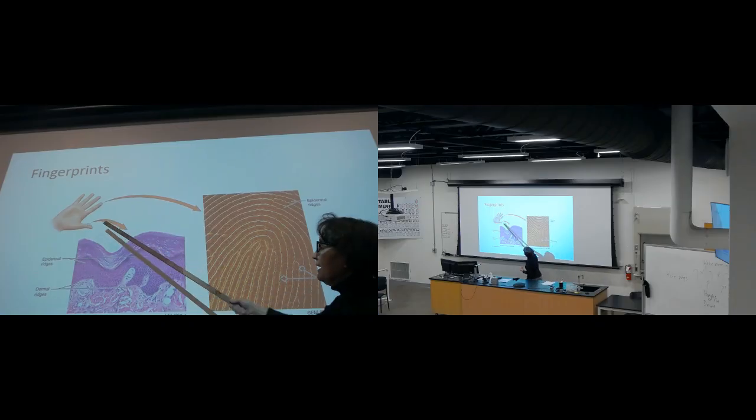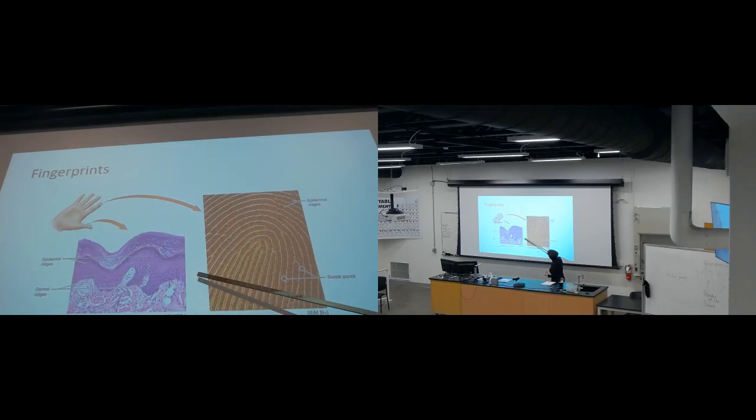So if you magnify these epidermal ridges, which are basically projections of the skin, it will have this view, like you have some indentations in between, some ridges here, and then you have sweat pores, through which we sweat, and at least in the fingerprints, we have a specific pattern that is unique to each of us.